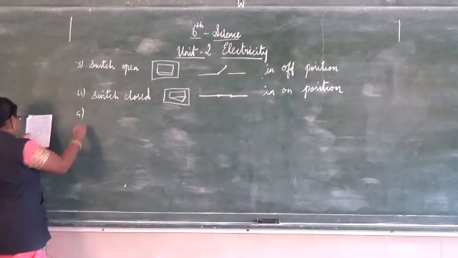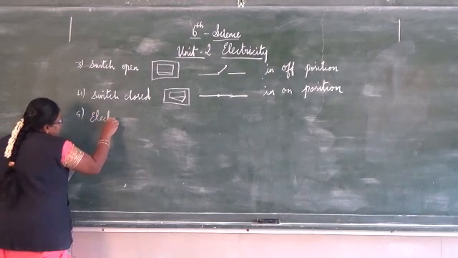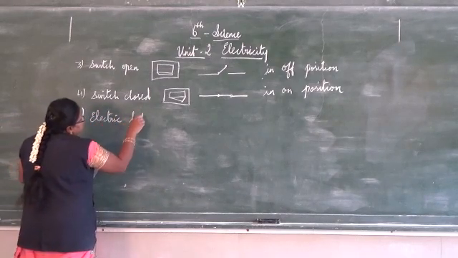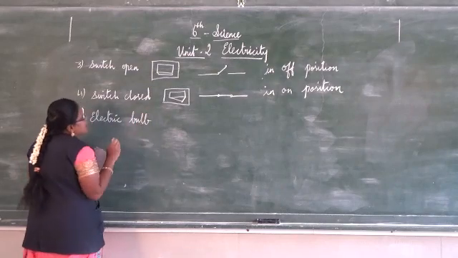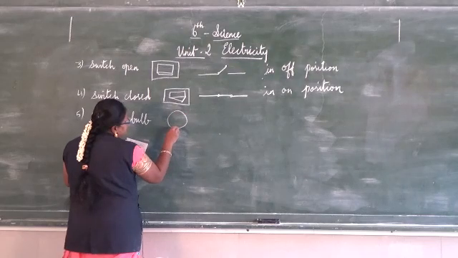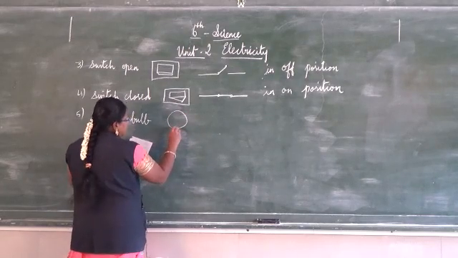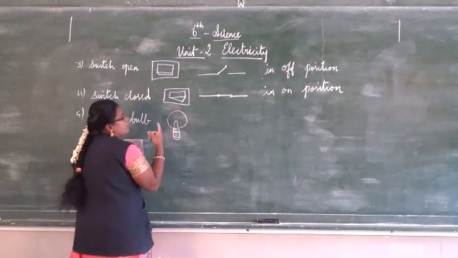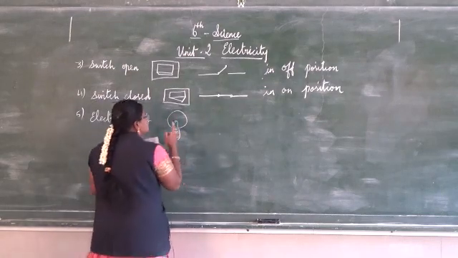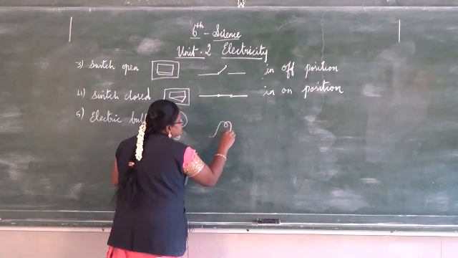Then the fifth one is the electric bulb. Okay, electric bulb, see how you know a bulb will be, isn't it? Okay, how the symbol will be: if it is not glowing, you simply have to draw like this.